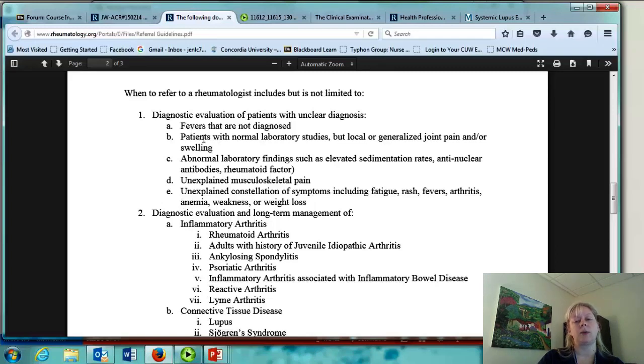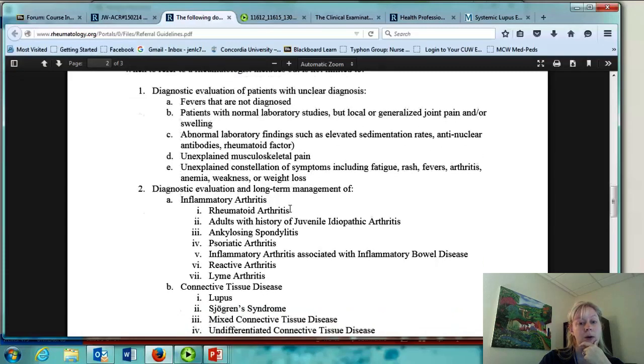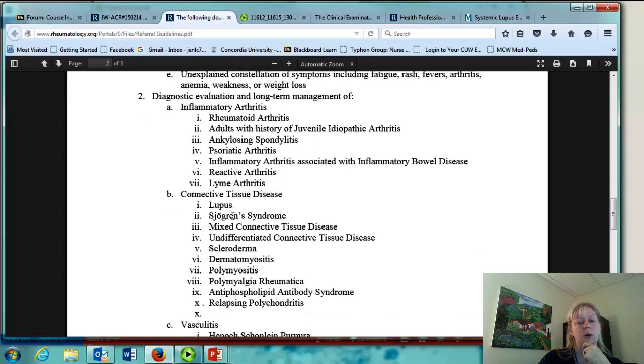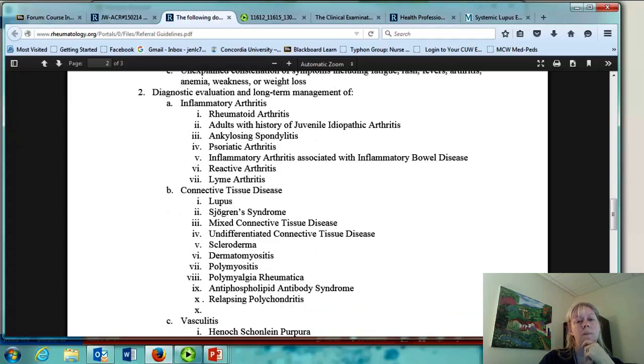These are the diagnostic criteria, such as fevers that aren't diagnosed, normal lab studies but generalized joint pain or swelling, or something that you just can't explain and can't figure out. Then the diagnostic evaluation and long-term management of inflammatory arthritis, which I completely agree with for long-term management.